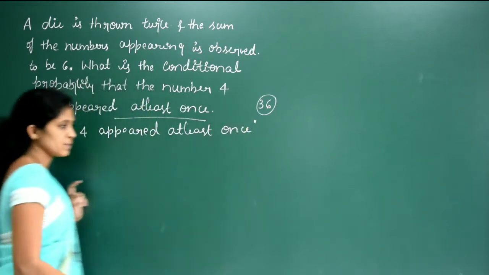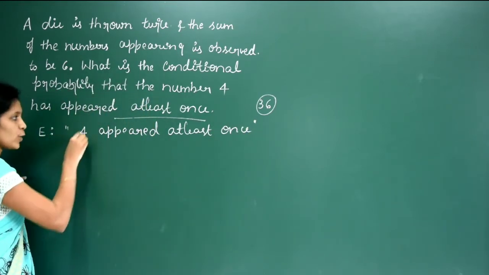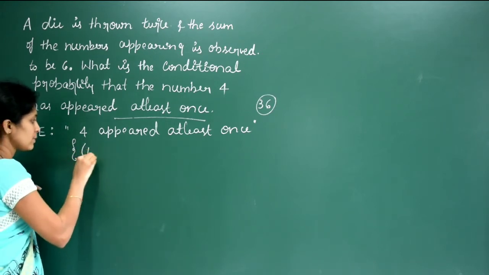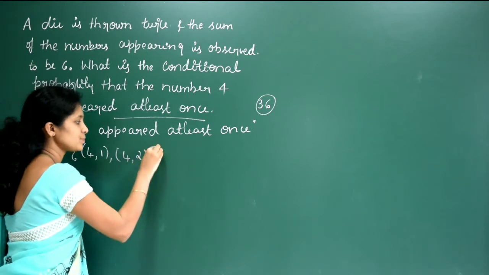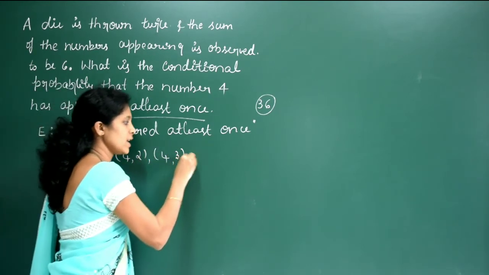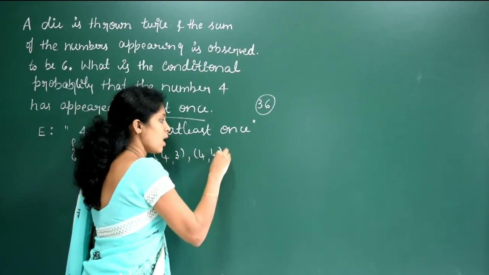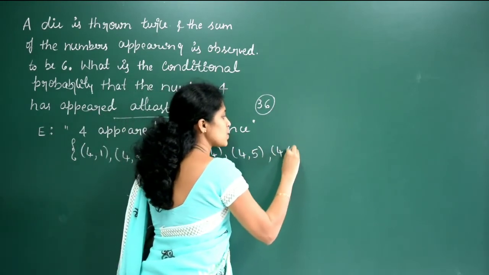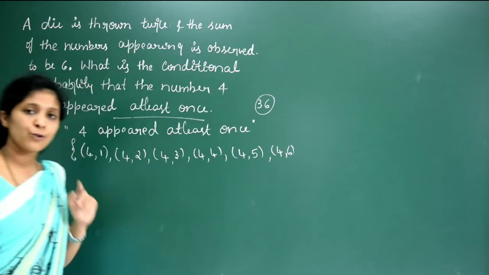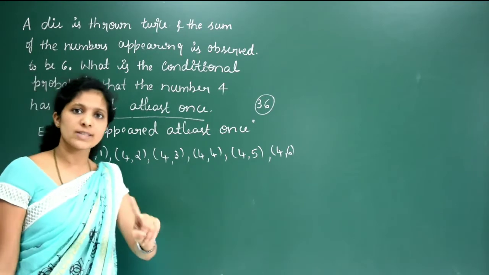Now what are the possible elements? 4 appeared at least once means starting with 4 is possible. 4, 1 is possible, right? 4, 2, 4 and 3 is possible, 4 and 4 is possible, or 4 and 5 is possible, or 4 and 6 is possible. Other than this, 4 should appear at least once or more than once.